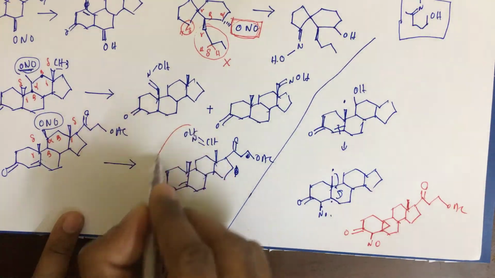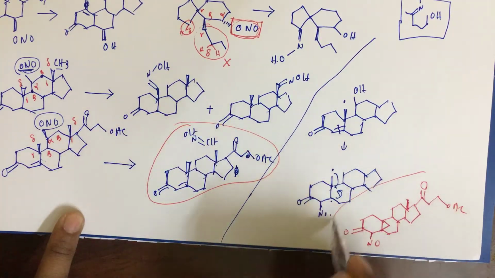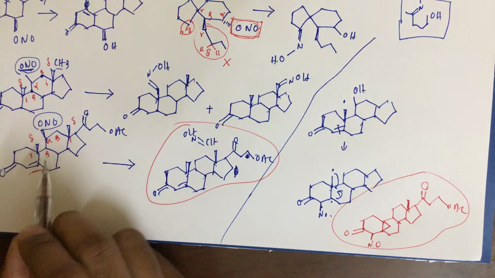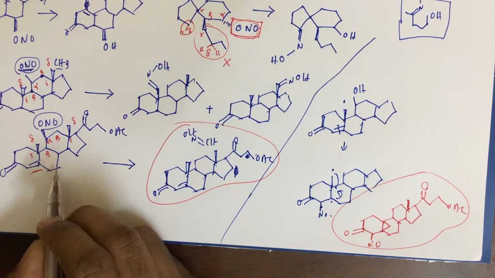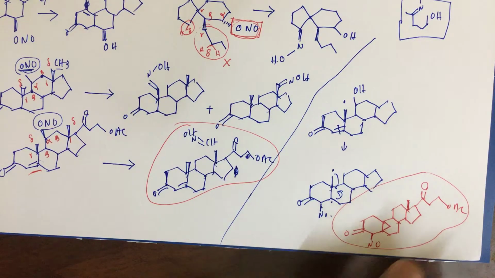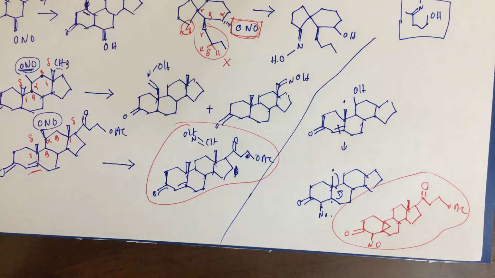The first product is this one, and the second product is this one. So because of this double bond, this methyl group undergoes a reaction and forms a cyclopropane ring inside the ring. Okay, this is about Barton's reaction. This is one of the simple reactions.